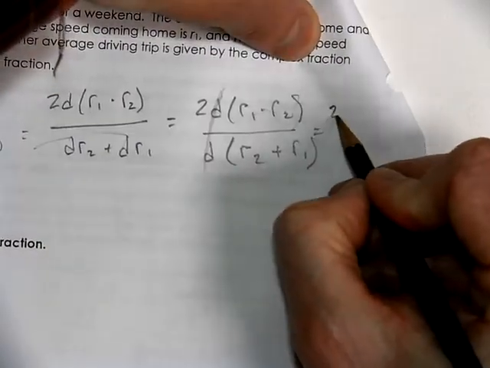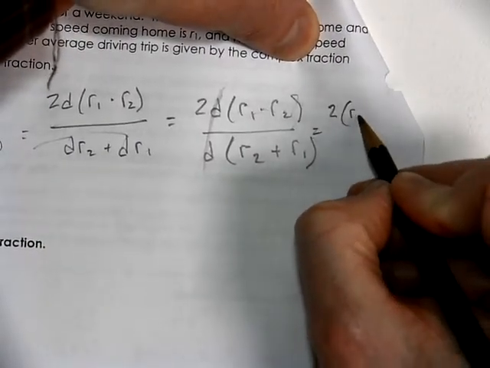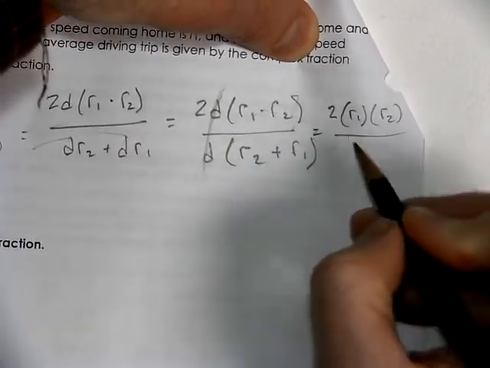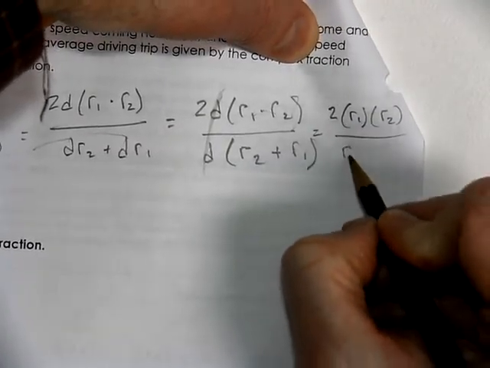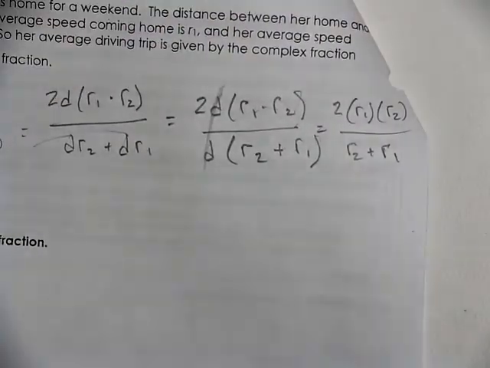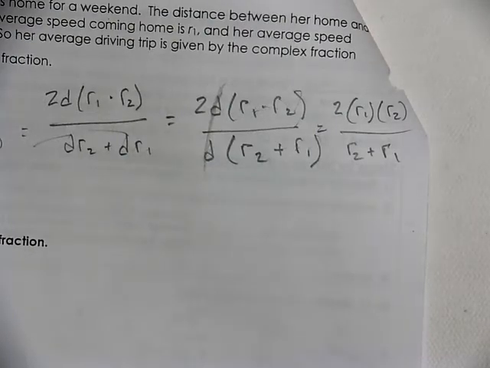So here we get 2 times r1 times r2, and the denominator is r2 plus r1. Or you can write it the other way. Nothing can be crossed off there.